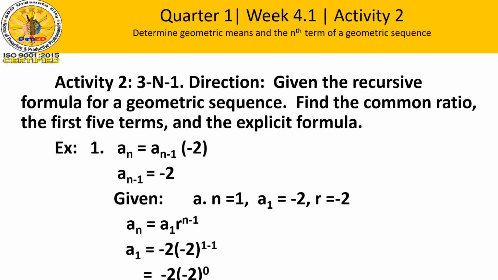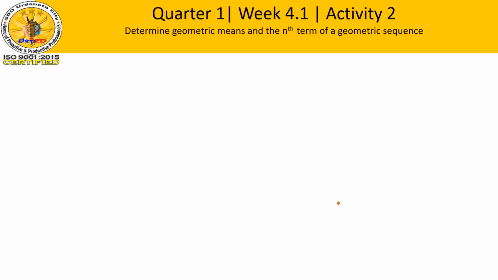By simplifying, negative 2 multiplied by negative 2 raised to 0, we have negative 2 multiplied by the quantity 1. So we have now negative 2.